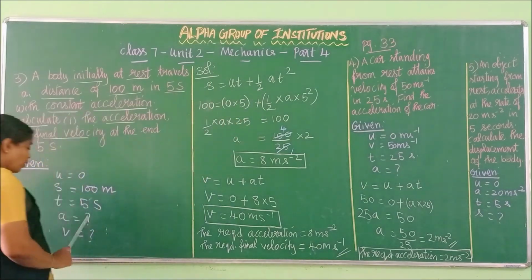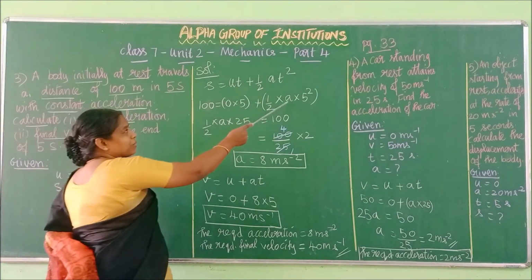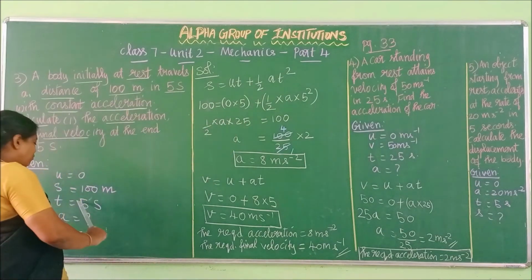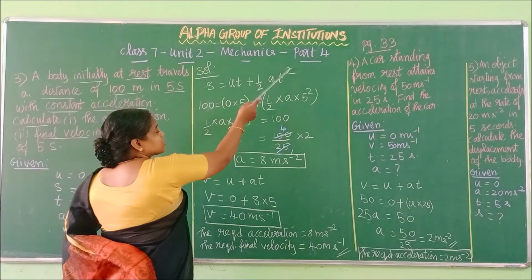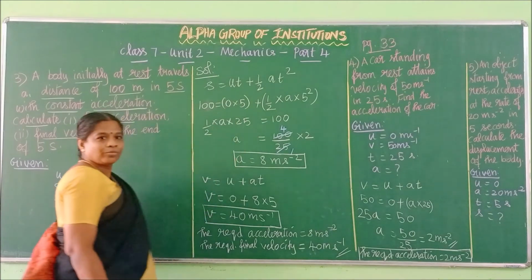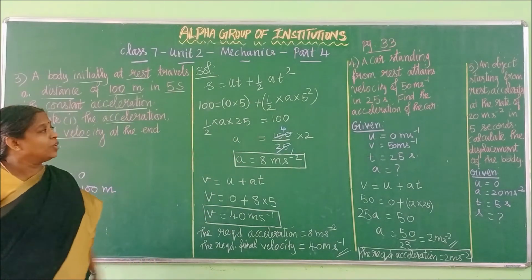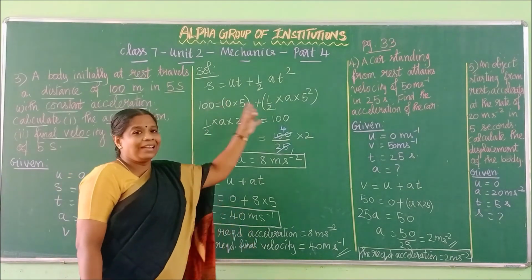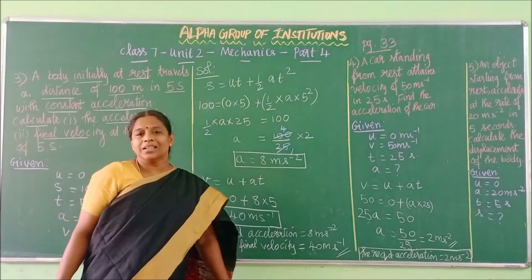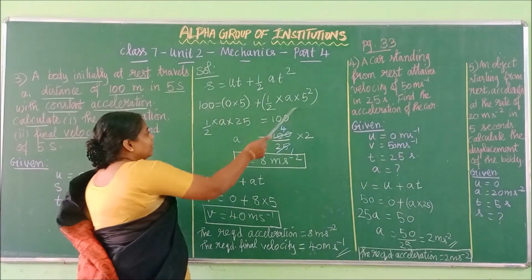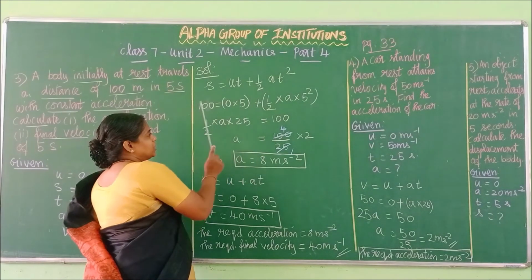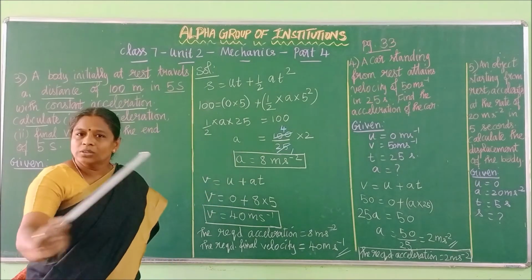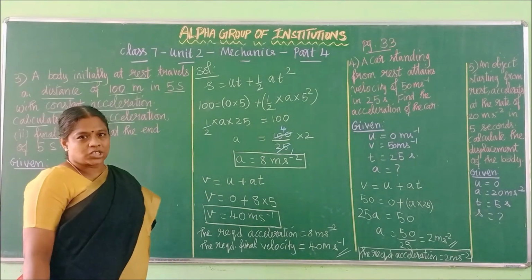The a value only we are going to find out. So as it is I am writing here, t value is 5, so it is 5 square. What I told you in the previous sum, what we find out, keep it completely on the left. So this entire term bring to the left, and this term bring to the right. So there will not be any sign change.